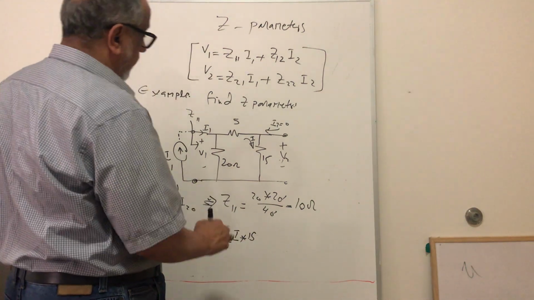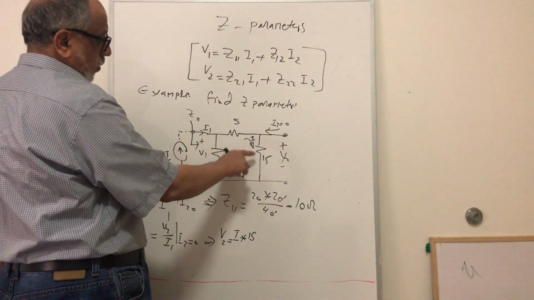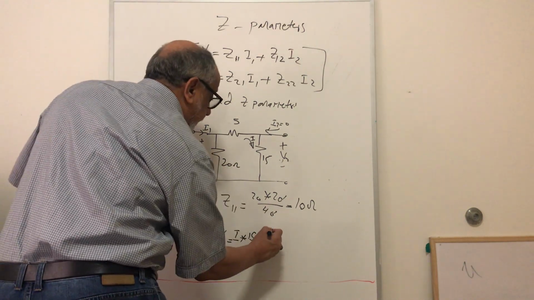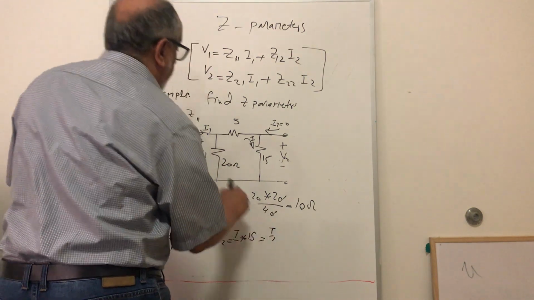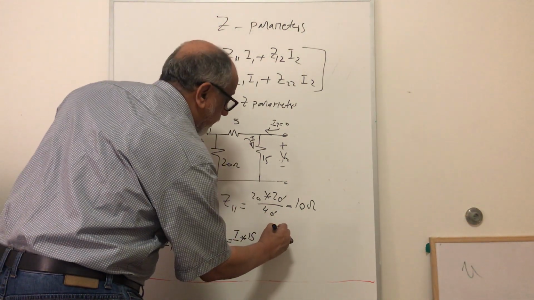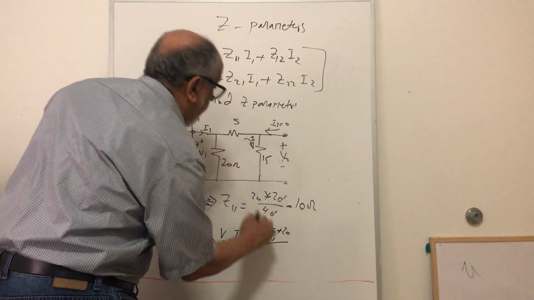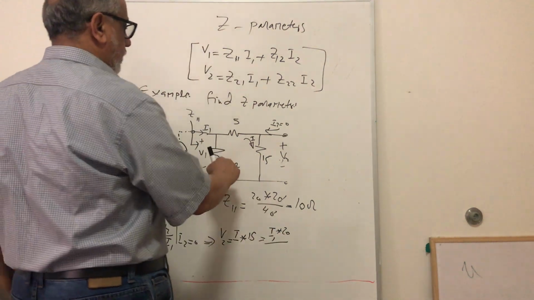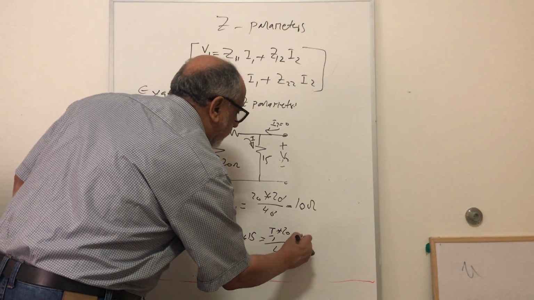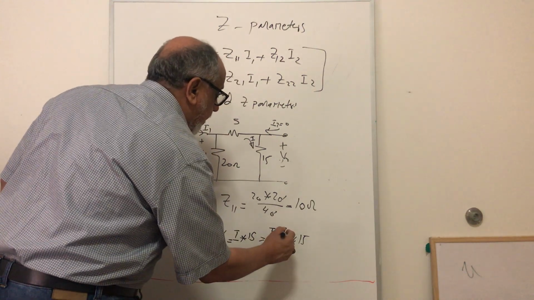But what is I? We can use the current divider rule to find I here. So this is equal to I1, multiplied by 20 divided by the sum, which is 20 plus 20, that is 40, times 15. So this will give me half here.